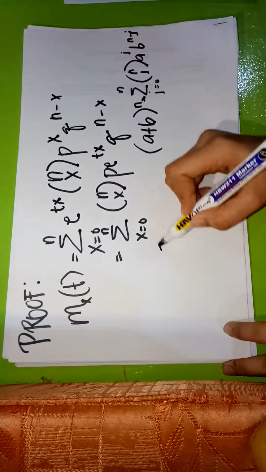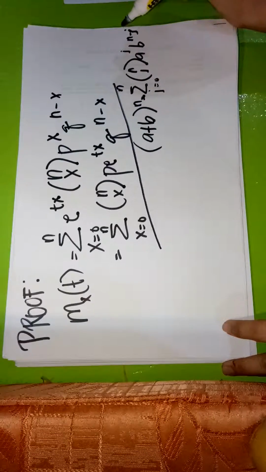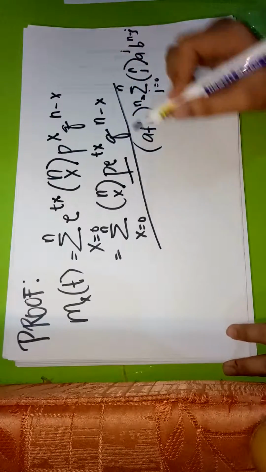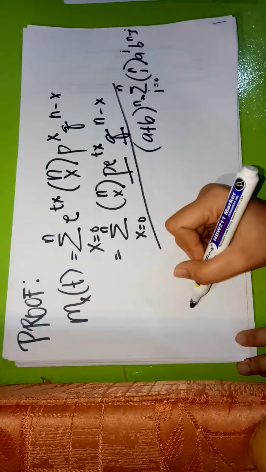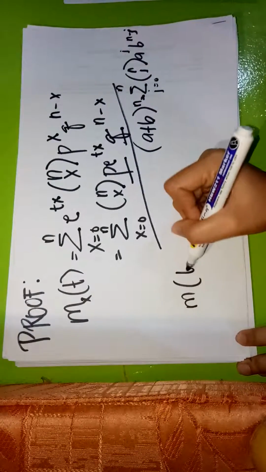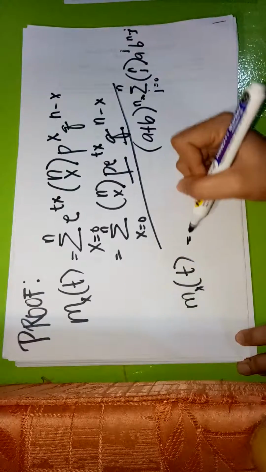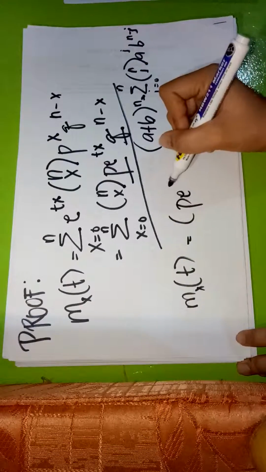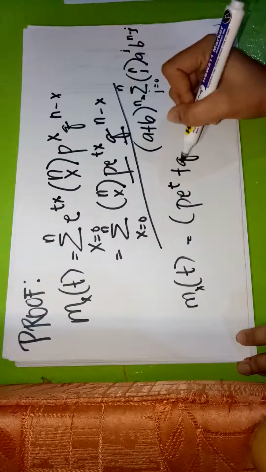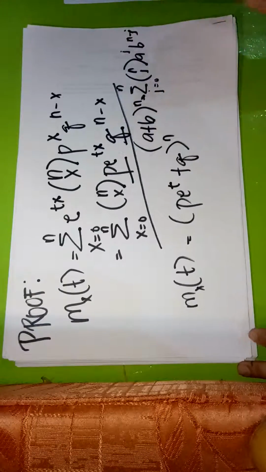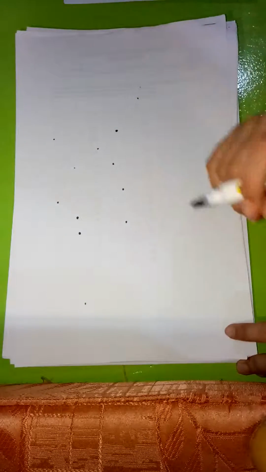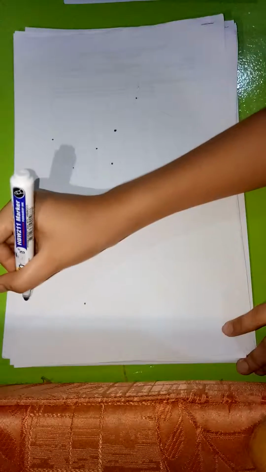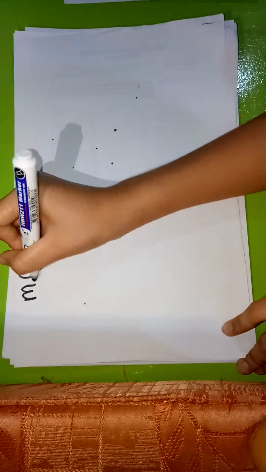So here, our a is pe to the t and our b is q. So we will come up to an answer that the moment generating function of X is equal to pe to the t plus q to the power of n. So we already get the moment generating function.